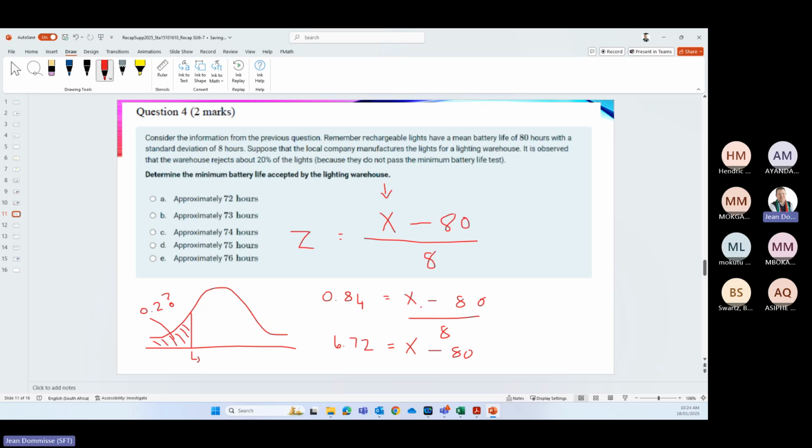Let me see, to which side do we look at the 20%?